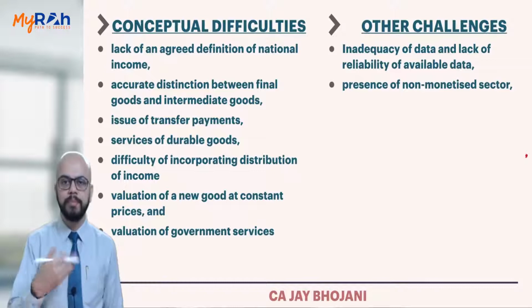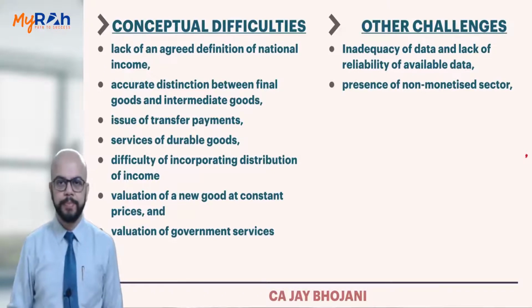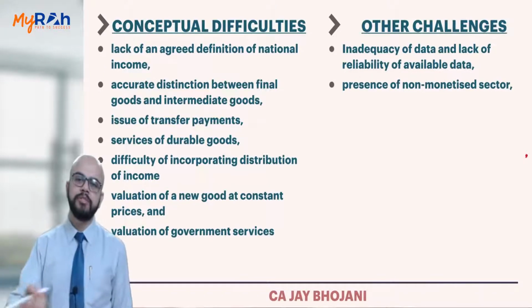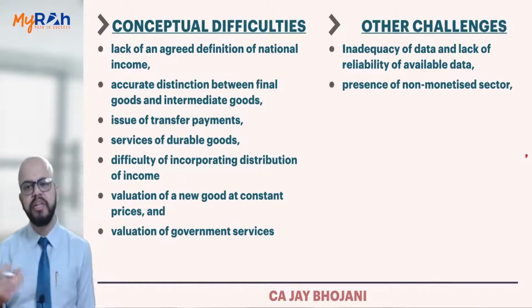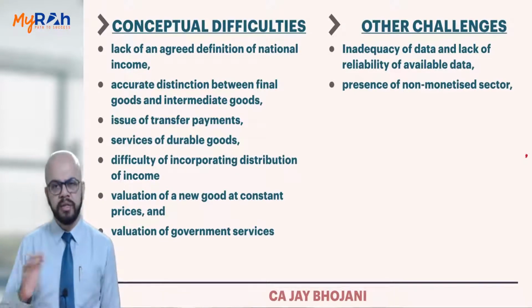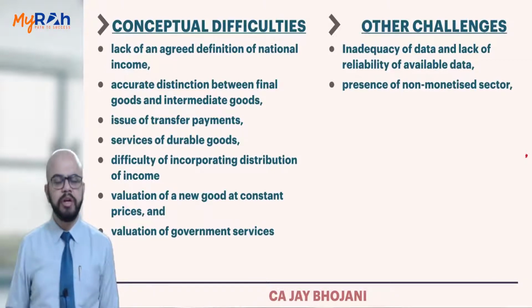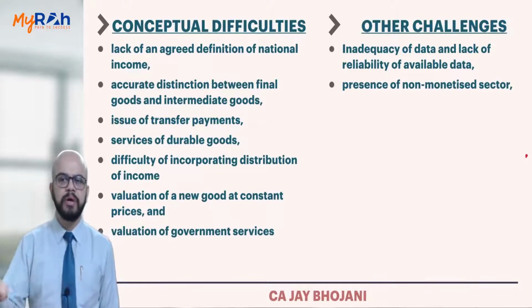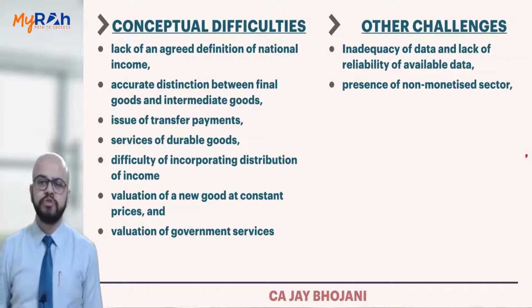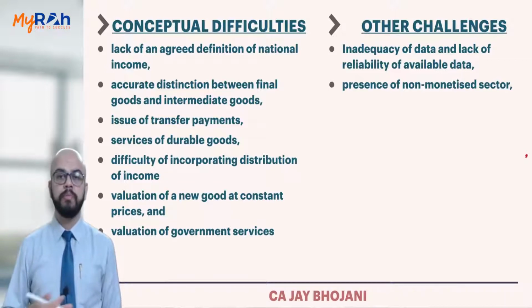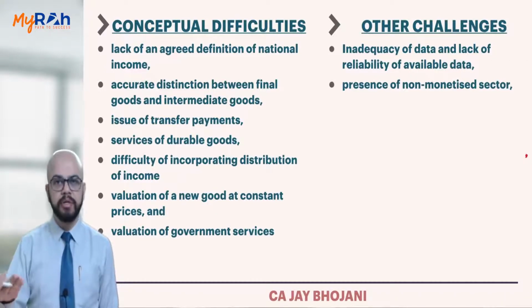Simple language, barter system, right? I know barter system is no longer majorly used, but still in rural parts of the country, the remote areas, people who know each other very well, they don't enter into monetized transactions often. They can fulfill the requirements for one another very easily by exchange of goods directly. So they don't enter into monetized transactions. So it becomes difficult to incorporate these non-monetized transactions in national income counting.